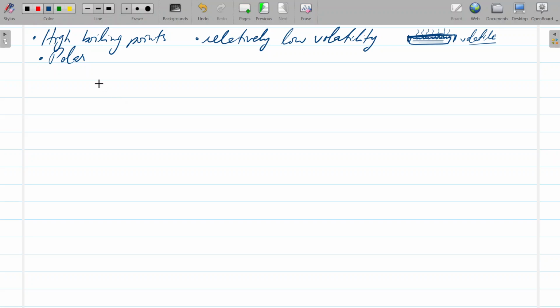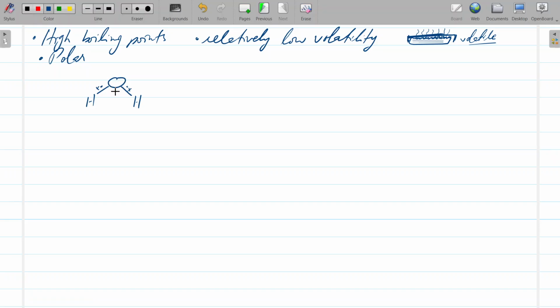So, water is a polar molecule. What that means is, it's a covalent molecule, we know that, but the electrons are being shared. Covalent bonding is electron sharing.